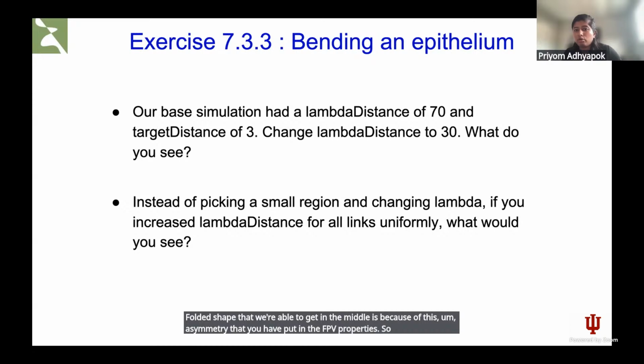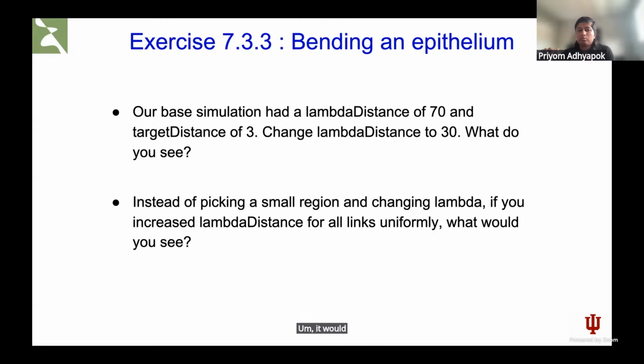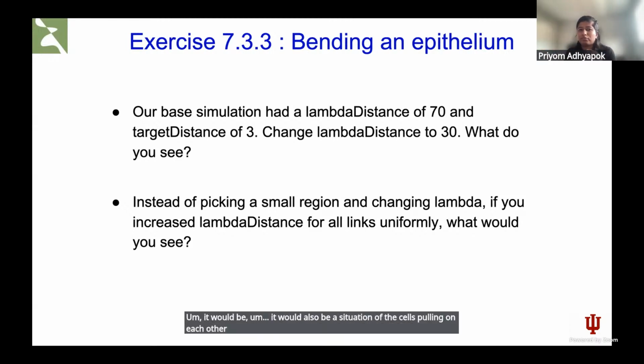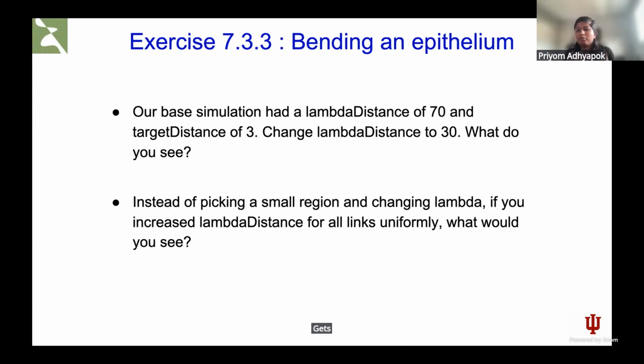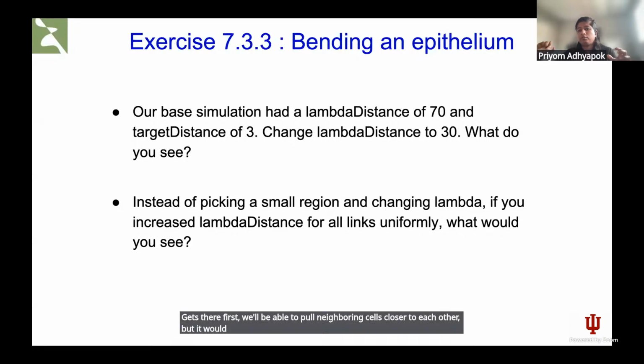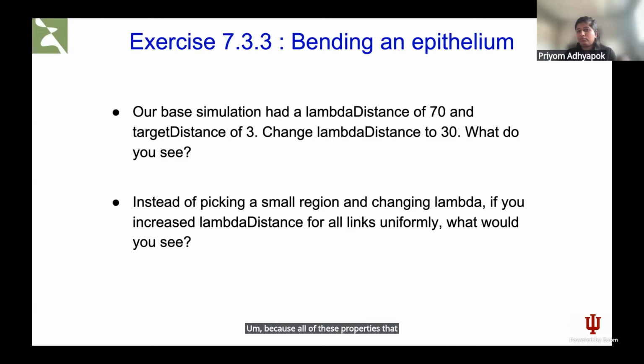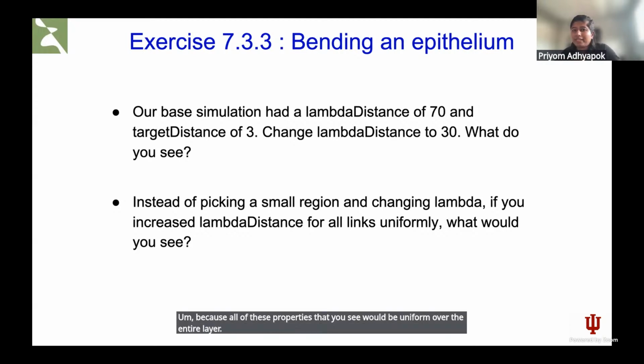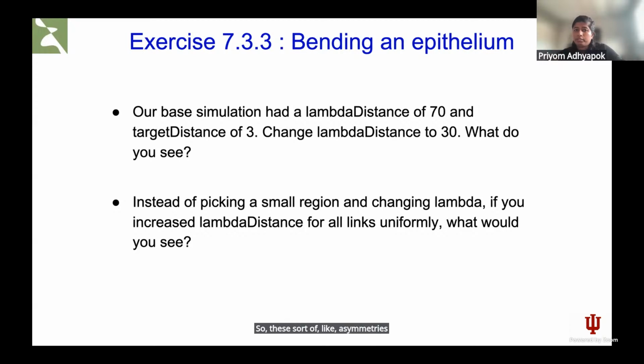If you changed all the properties at once, it would be a situation of the cells pulling on each other, and whichever gets there first will be able to pull neighboring cells closer, but it would not give you an asymmetry at a particular region, because all of these properties would be uniform over the entire layer. So these asymmetries are important to create the folds in the tissue.